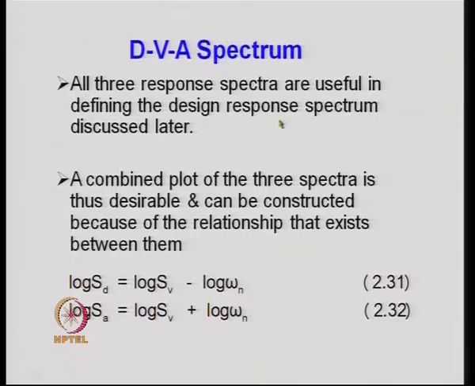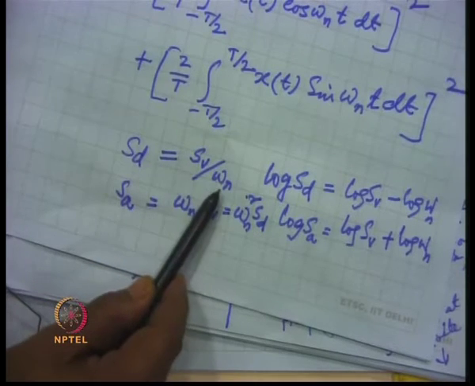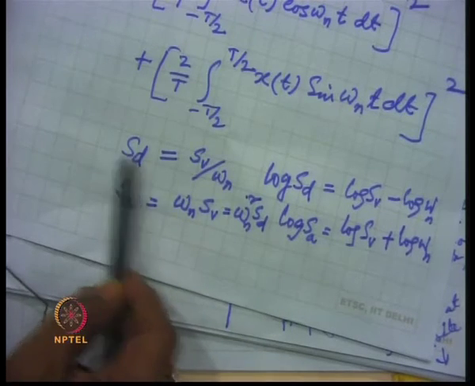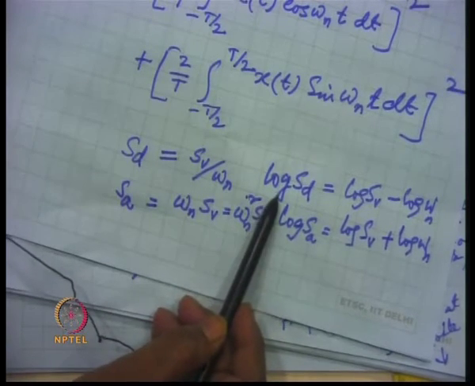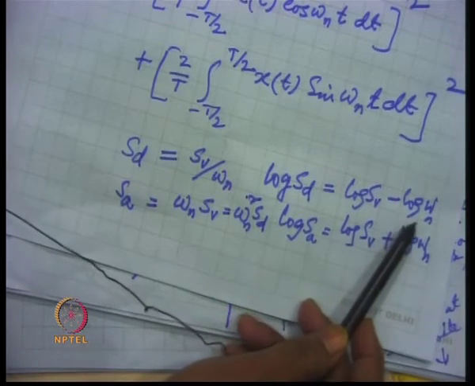A combined plot of the three spectra is desirable and can be constructed because of the relationship that exists between the three spectrums. For example, here we define the maximum displacement is equal to SV divided by omega n, and therefore, by taking log, we can write that log SD is equal to log SV minus log omega n.